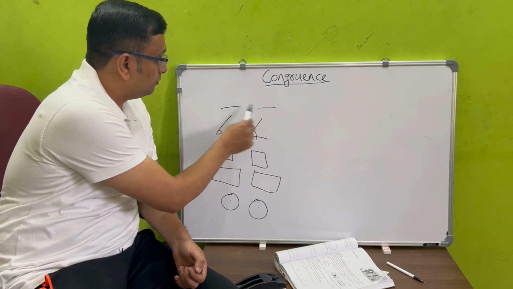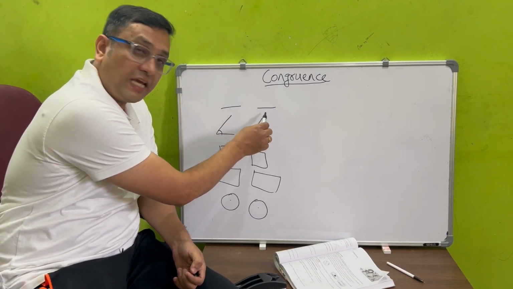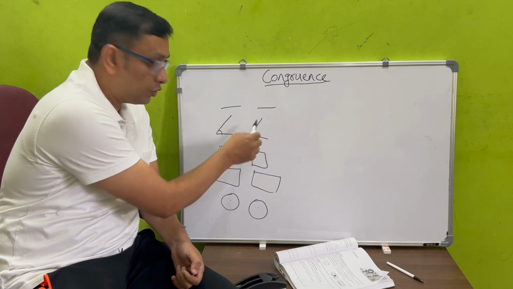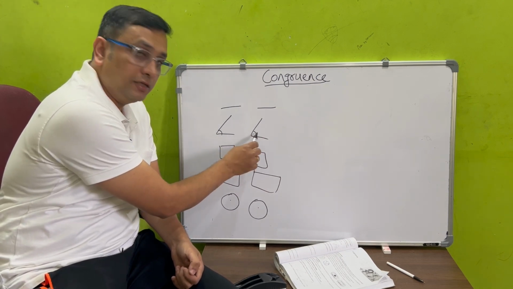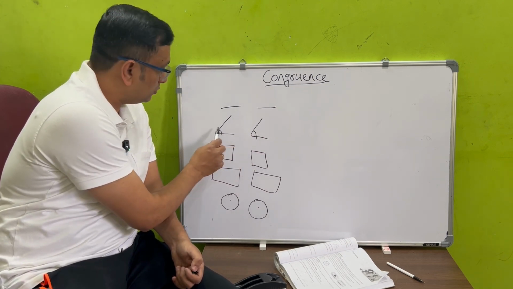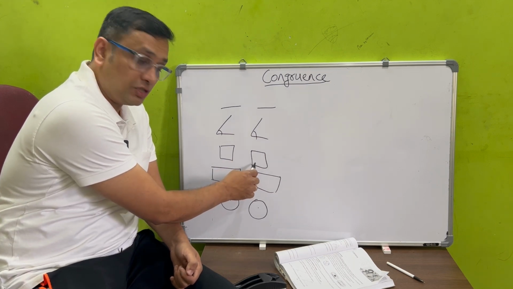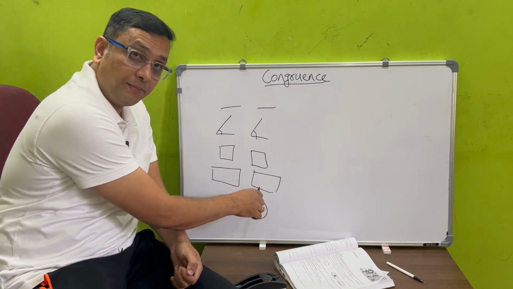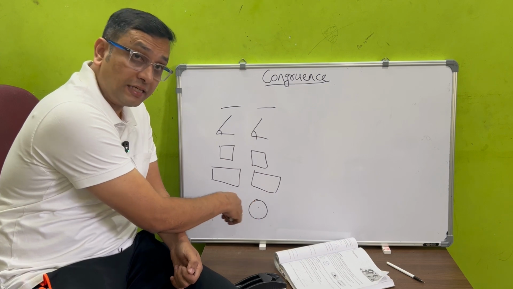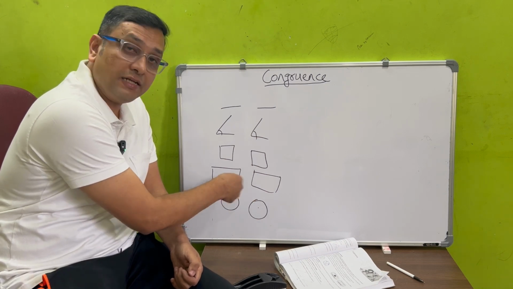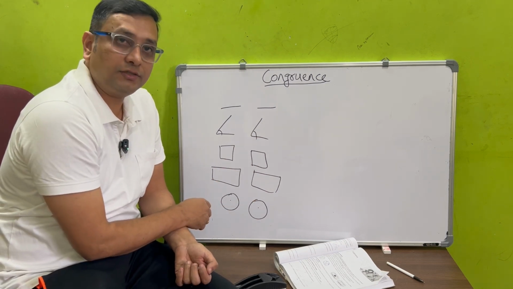So these are some examples of congruence. Both lines of the same length, we can say both are congruent. If the angles between two lines are the same, if two squares exactly match, if two rectangles exactly match, and two circles have the exact same radius, we can say both are congruent.